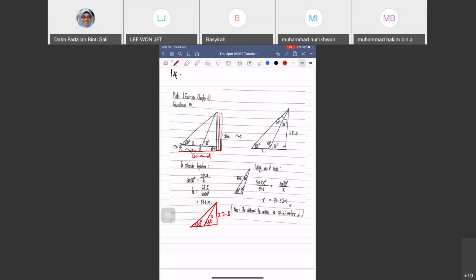Just now I mentioned, if only you can find this length, this is what you want to find, let's say x. If you find the whole length and subtract this length, then you can also find x.